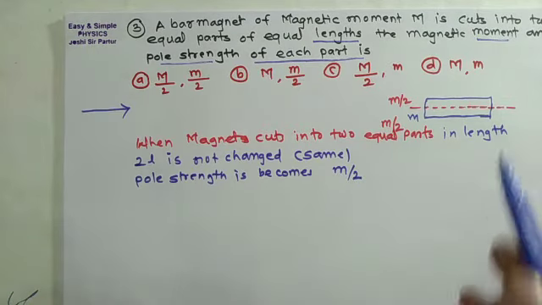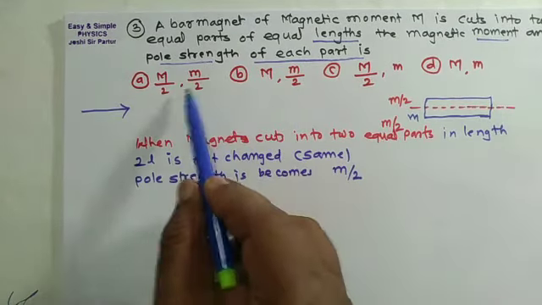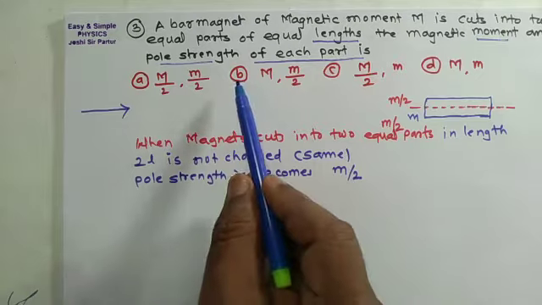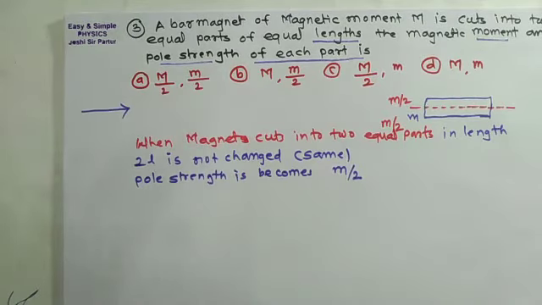See here, m upon 2 appears in two cases, option A and option B.